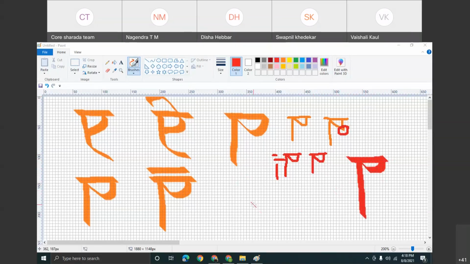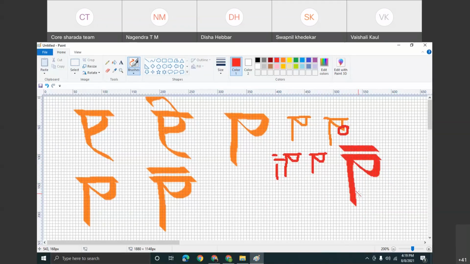So what you should do is simple. Here, take a line. So this is A. And I, I think it is very simple. Just a horizontal line above that.